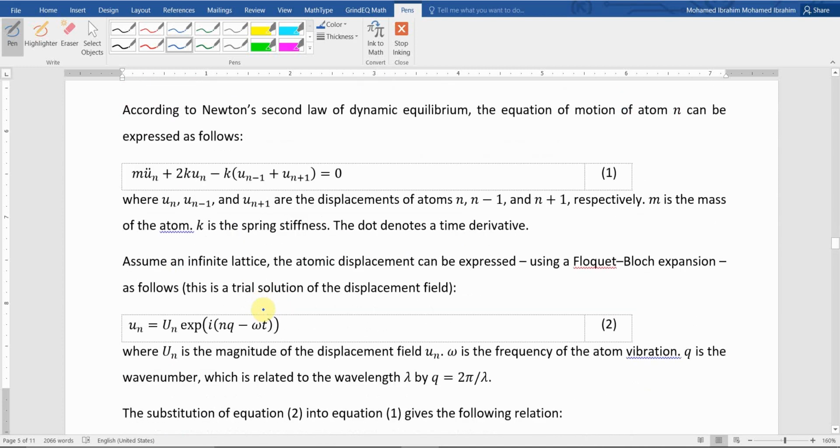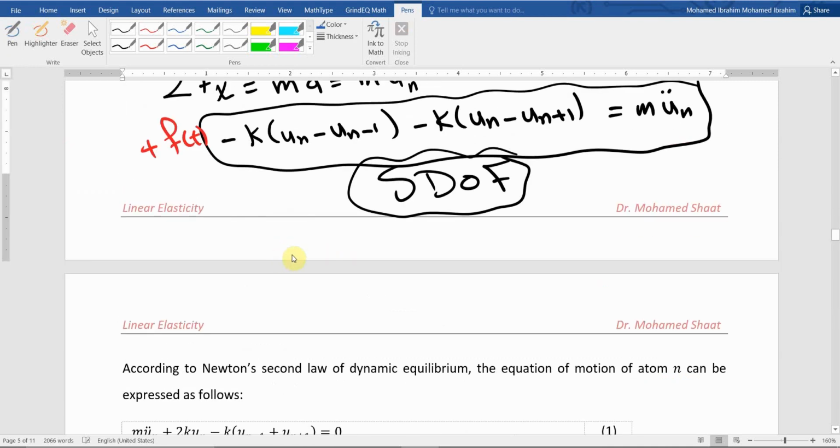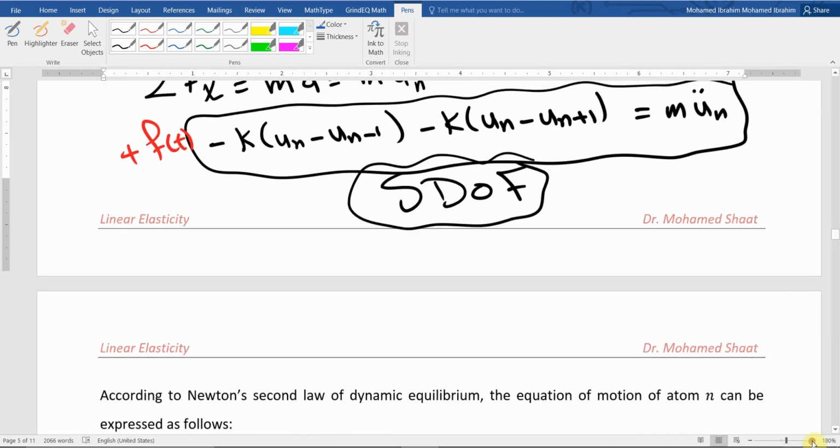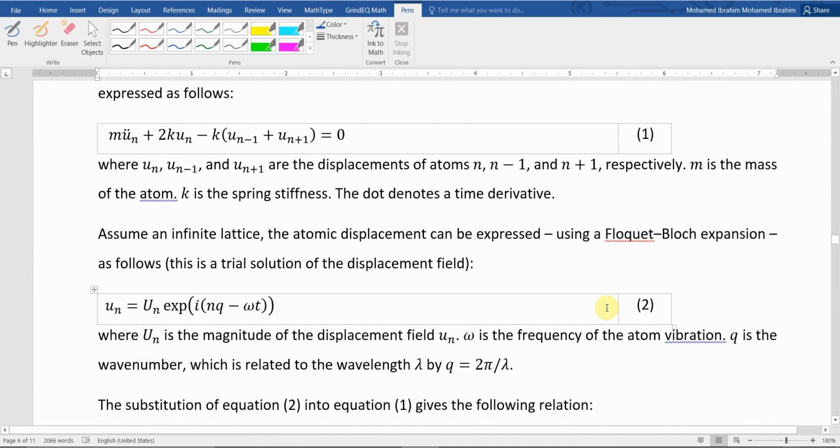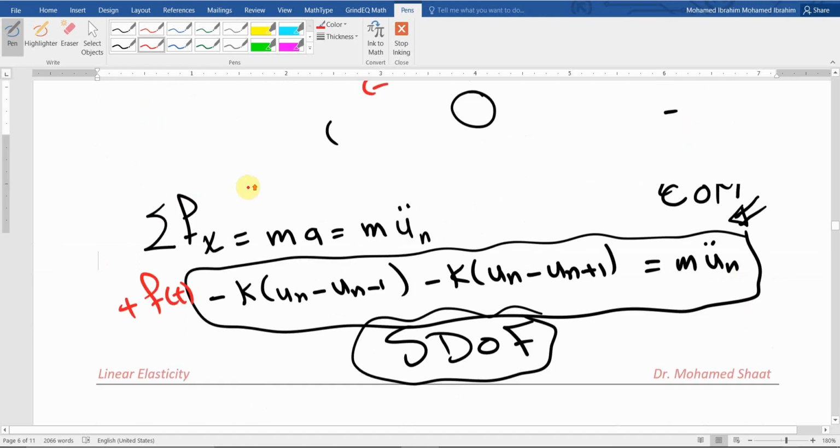And to derive the solution of this equation, equation 1, we should have a trial solution. This is what we used to do in the vibration class. We basically assume a trial function. This trial function should be the wave that is already acting over this lattice.